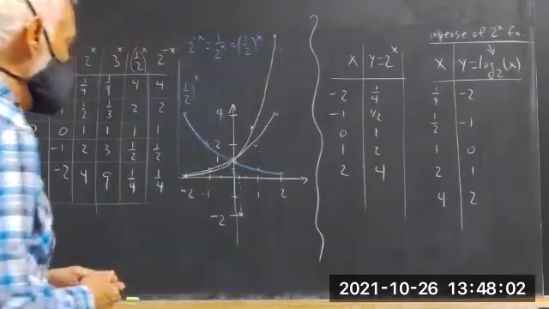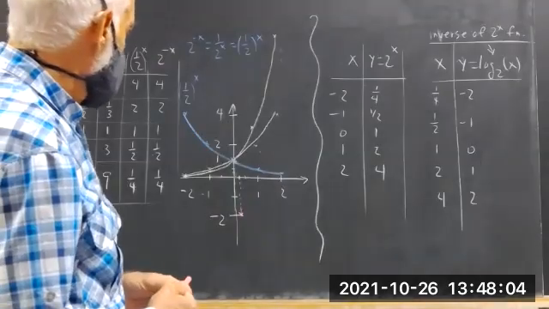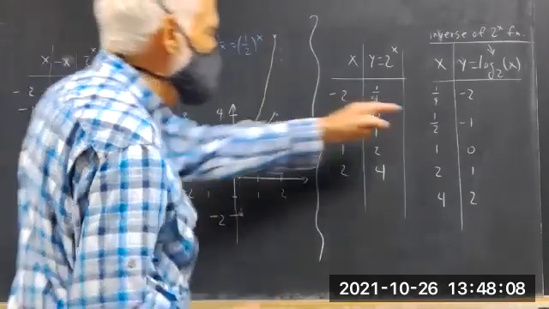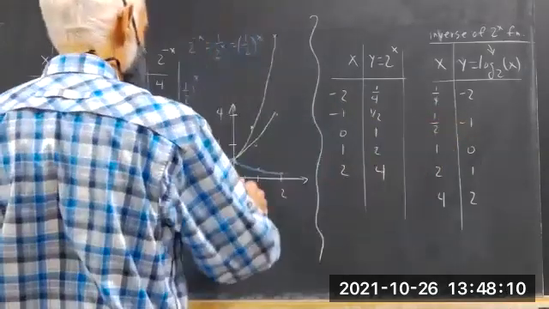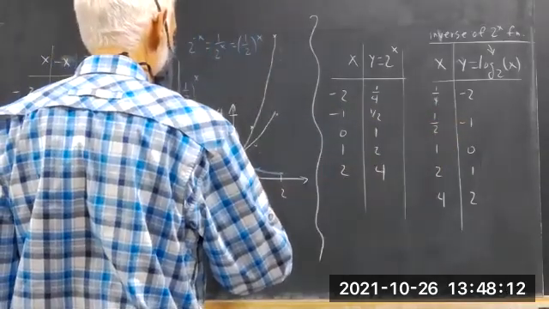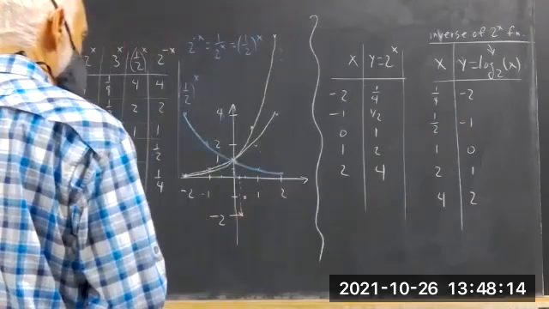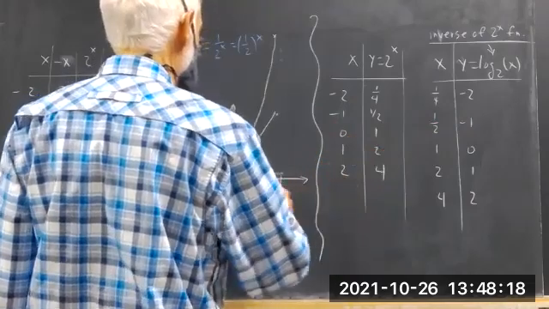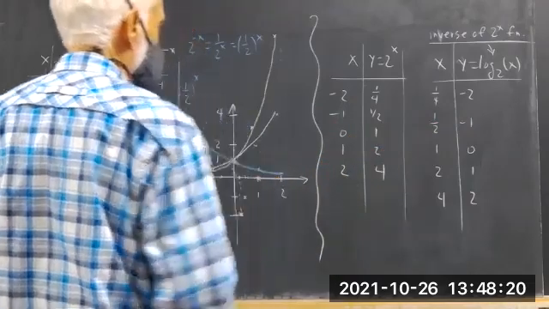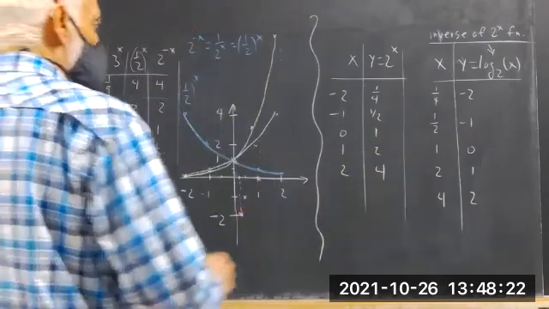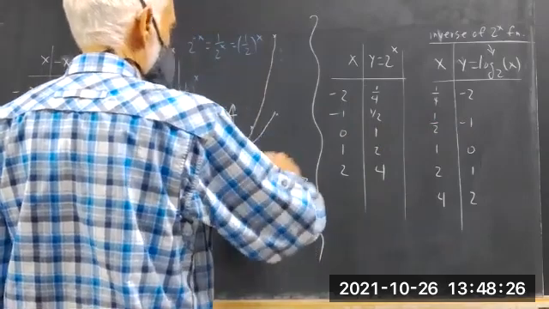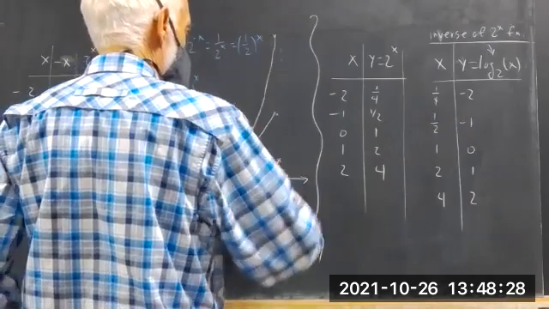We get this point. When x is 1/2, y is -1. Here's 1/2. Here's -1. When x equals 1, y equals 0. That gives us this point. When x equals 2, y equals 1. You see we got this curve that's kind of leveling off.